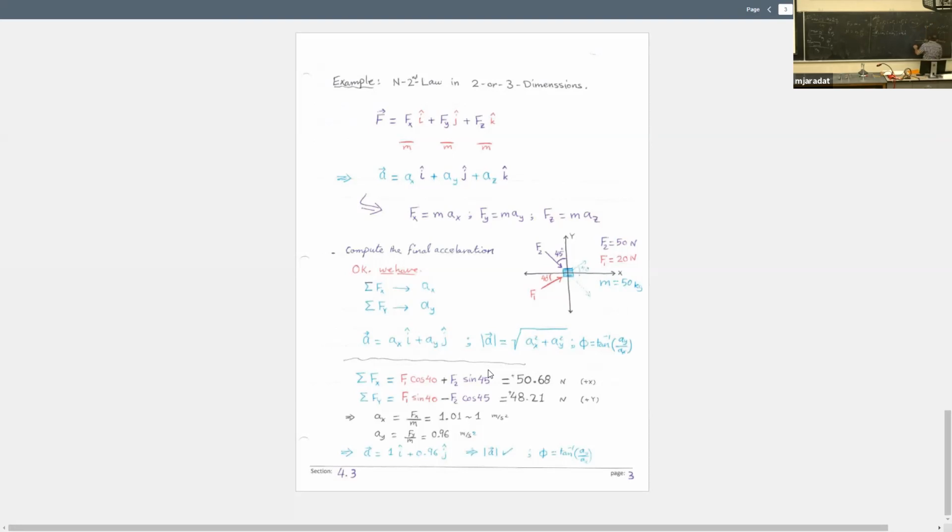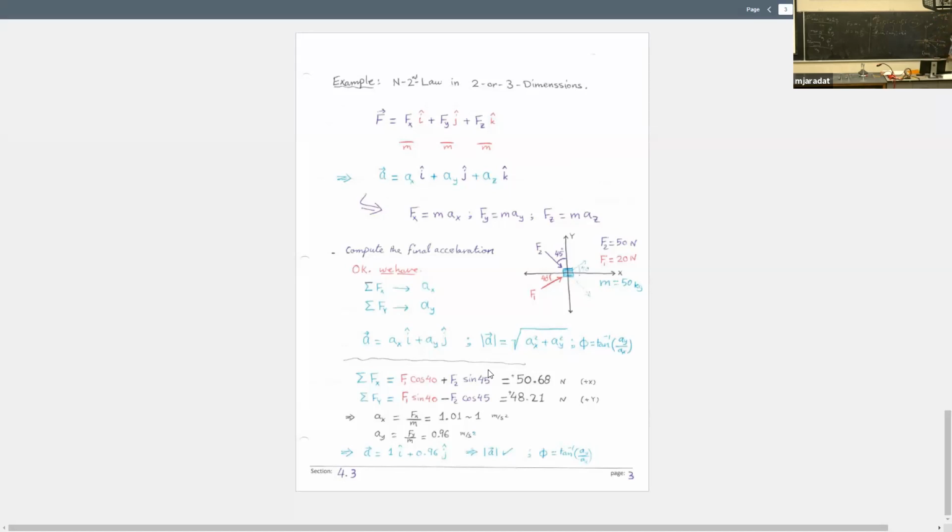This will be equal to F2 sine 45. This will be equal to F2 cosine 45. You know sine 45 is equal to cosine 45, which is equal to 1 over square root of 2.